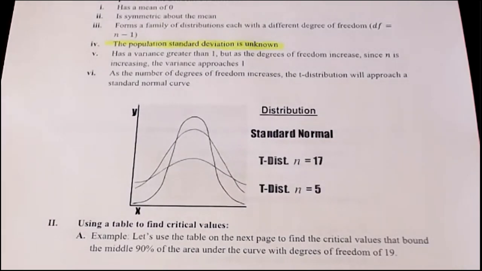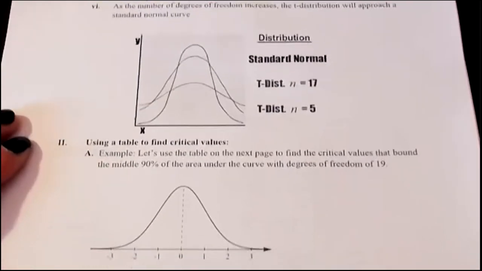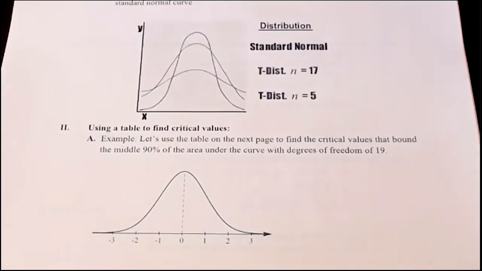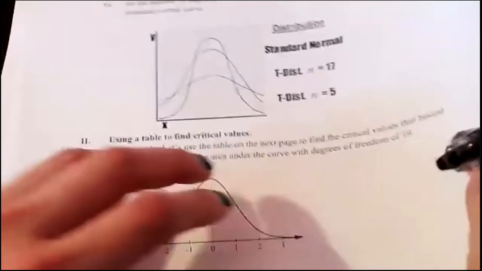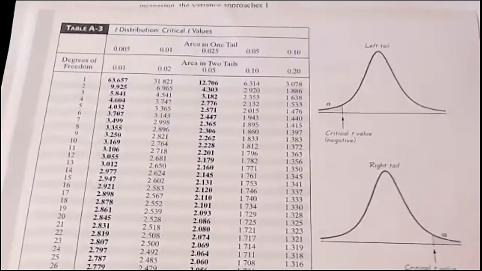Okay, so let's check this out. Using a table to find critical values. Really what they're referring to is the table at the very end of our packet. So take a look at the last page of your notes.